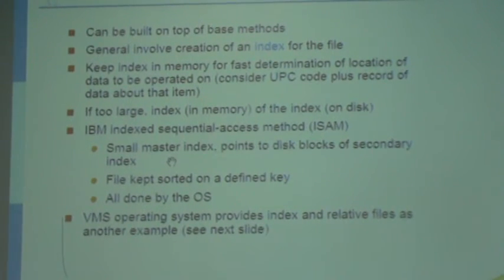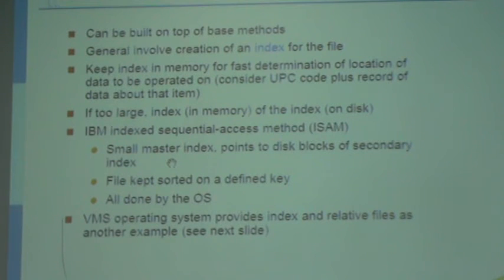The IBM indexed sequential access method has a small master index, a kind of higher level index, which then points to the disk blocks of the secondary index. So we don't directly find the data with the master index.